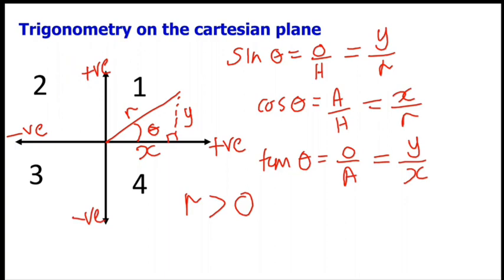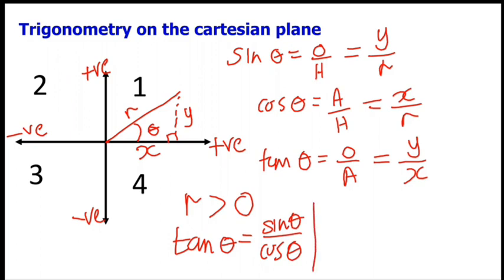Now, the other thing that we can see is that the tan ratio is a combination of the sine and the cos. We can actually prove that the tan of theta is the sine of theta over the cos of theta. How do we prove that? Well, the sine of theta is y over r.